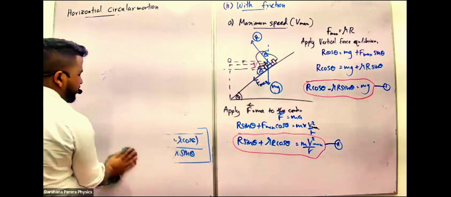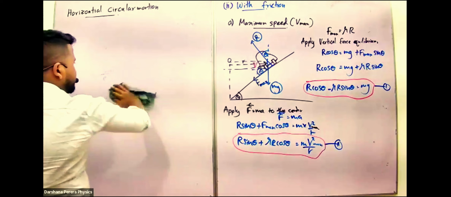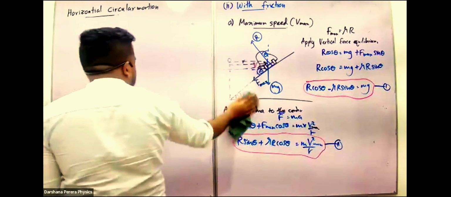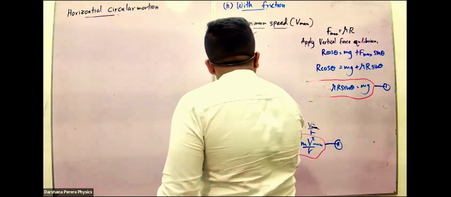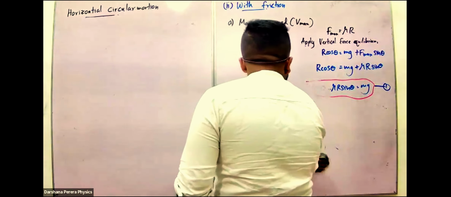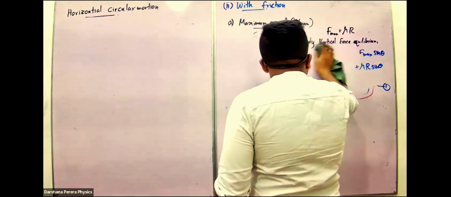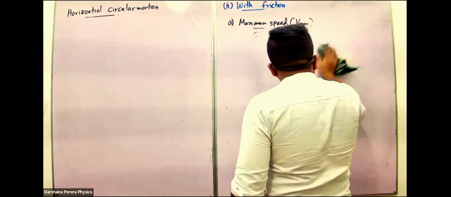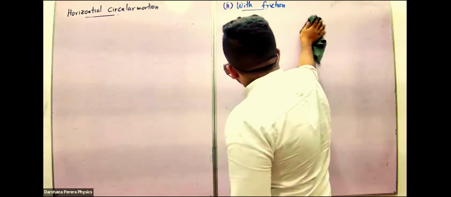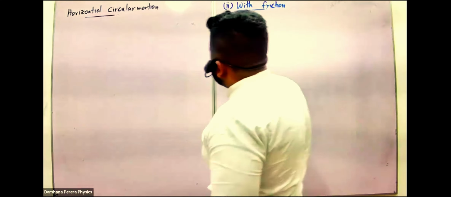Tell me, when a vehicle travels along the circular path with the minimum speed, what is the force acting on it? Write down minimum speed.